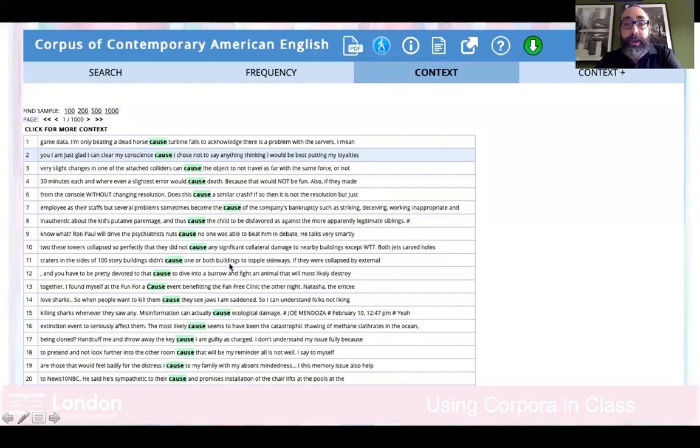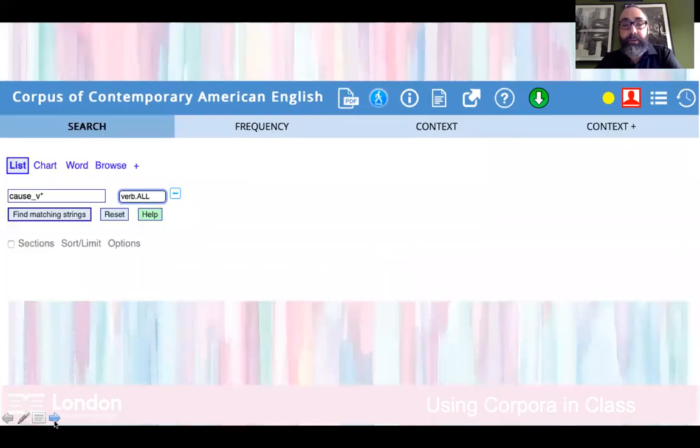So you might want to check cause just as a verb. For that, here on the right, you see this POS, or part of speech. And then you can choose which part of speech you want to check for the word you enter here.